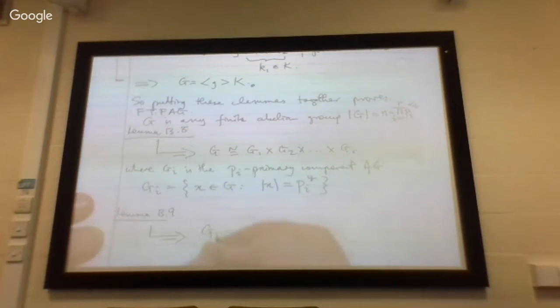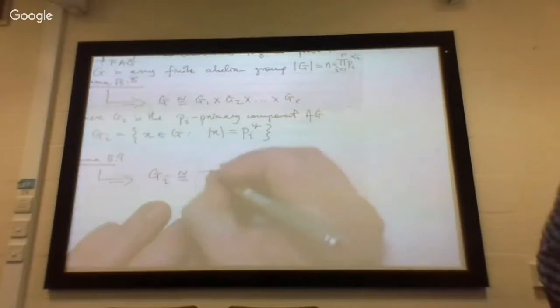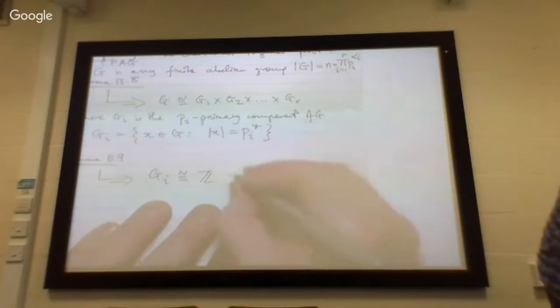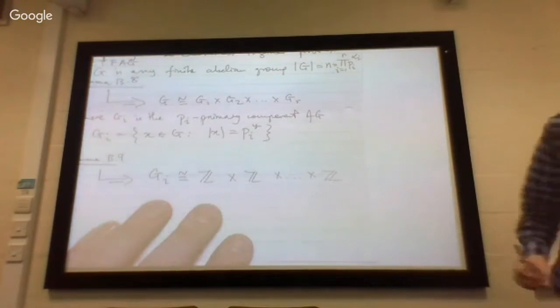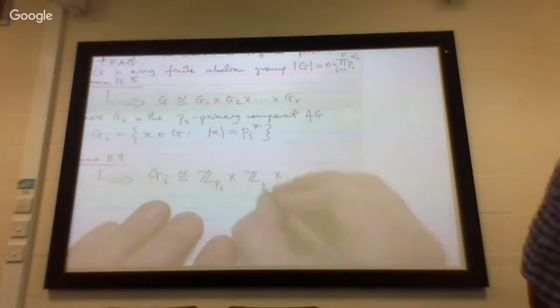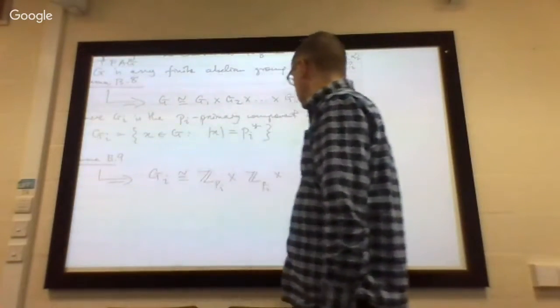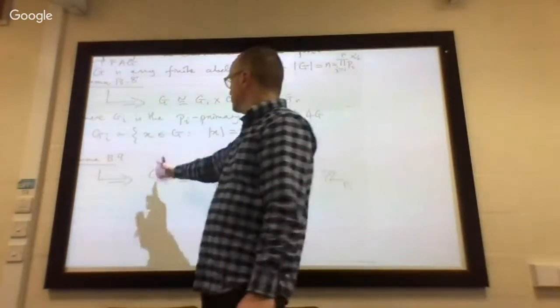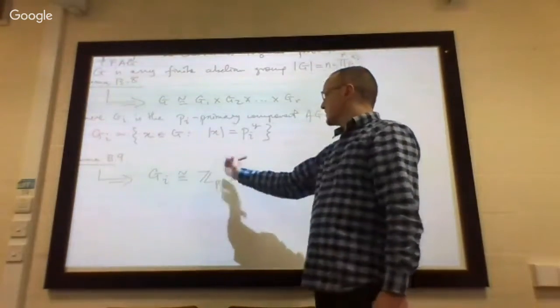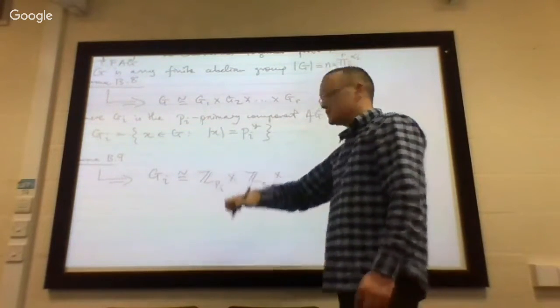Then lemma 13.9, the one we just proved, tells you that each of these G_i is isomorphic to a direct product of cyclic groups, a bunch of these cyclic groups Z. Now there are indexes to put here. The index here is always some power of p_i, because they're direct summands, cyclic subgroups of the p_i-primary component. So these are all cyclic subgroups whose order is some power of p_i, so I have to put in superscripts there.